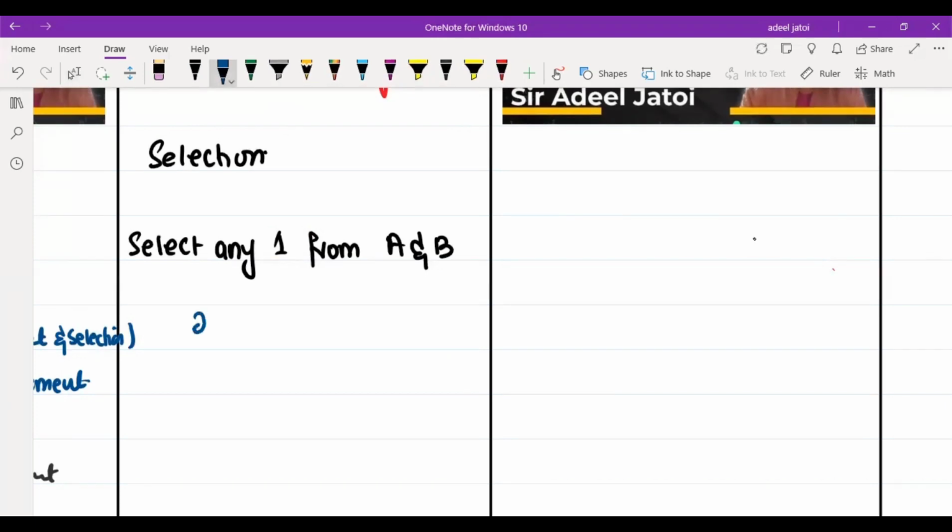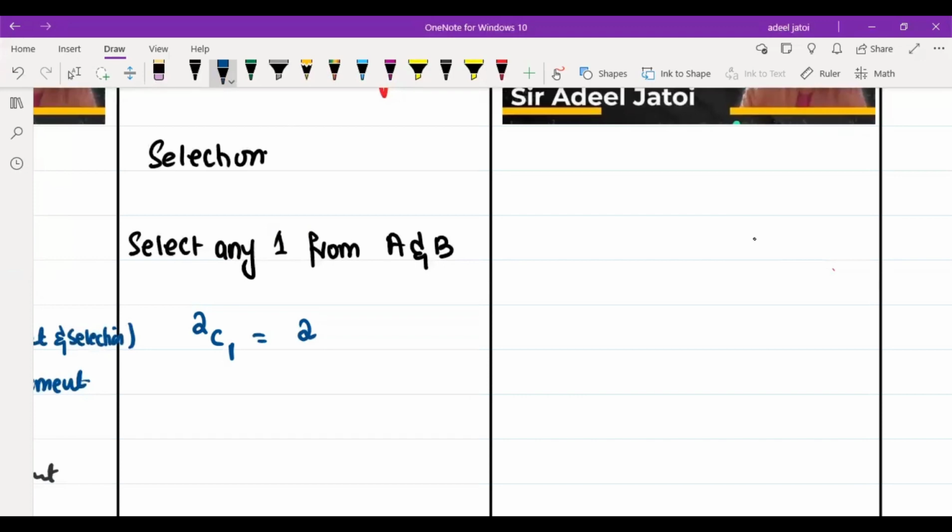For this, what we apply is 2C1. And what does 2C1 mean? It is 2. This 2 tells me the number of ways that this can be selected: either A can be selected or B can be selected. Out of A and B, there are two possible ways that you can select.